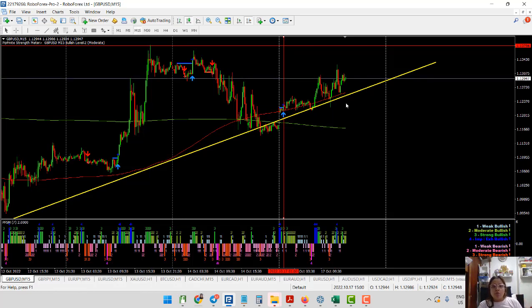So how you'll be able to utilize these three powerful indicators and use them as a confluence, so that you will have a strong basis on the direction of the trend or the direction of the Breakout Edge signal that you would want to take. So Breakout Edge signal will act as your trigger for entry, and then your Strength Meter will tell you if it is good in terms of the strength of the breakout.